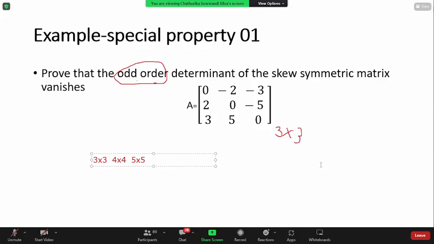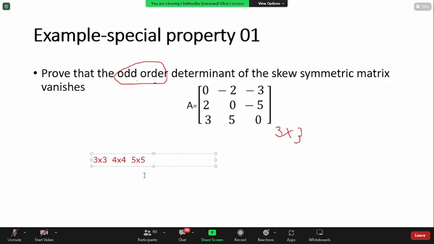So here what they are saying is, prove that the determinant of an odd order skew symmetric matrix is zero. It's important to say skew symmetric matrix, because there can be skew symmetric matrices with even order, like 4 by 4 or 6 by 6. Odd order means 3 by 3, 5 by 5, 7 by 7.